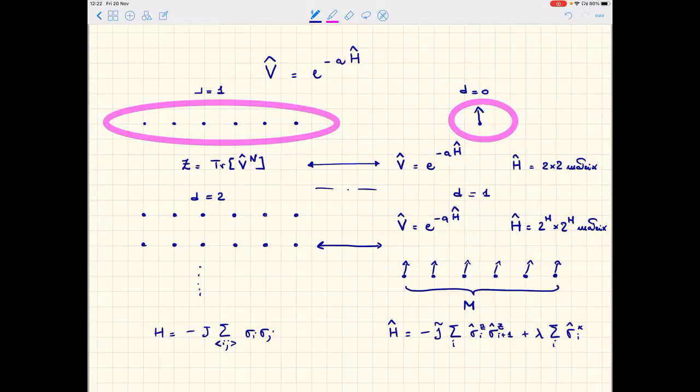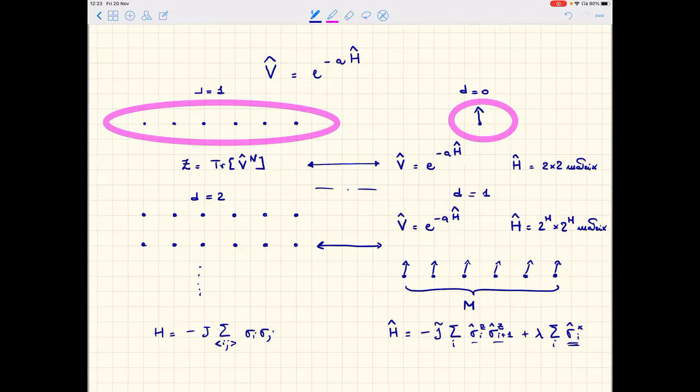So if I write the transfer matrix in this exponential form, what stays in the exponent, this quantum mechanical Hamiltonian, is still an Ising model in one dimension, but with a transverse field that makes the individual spins rotate.